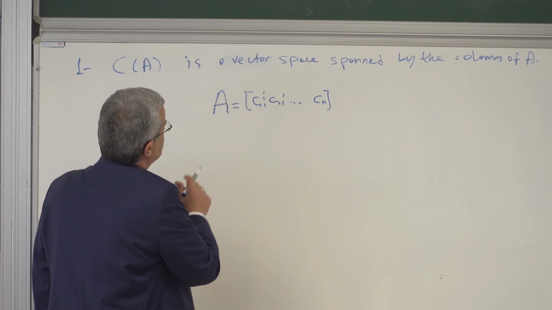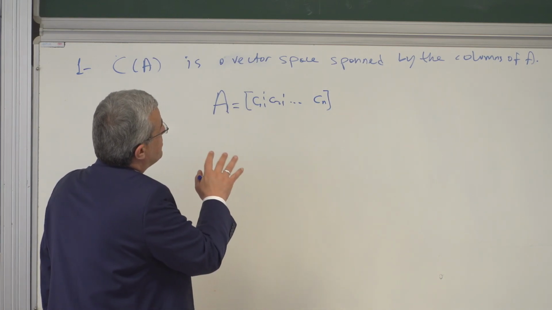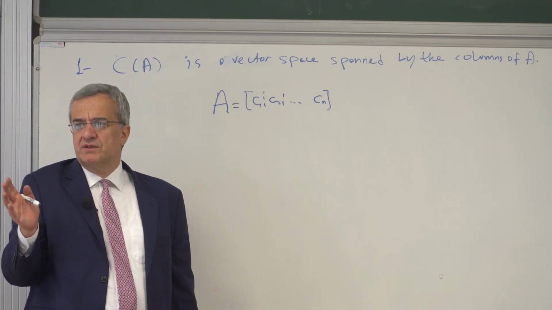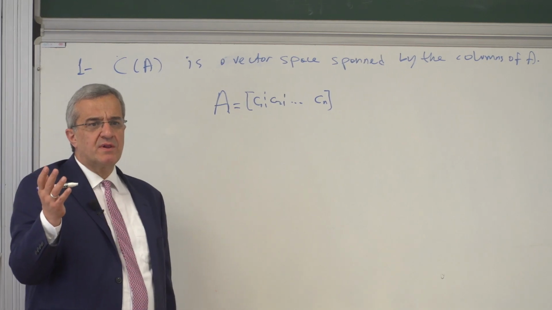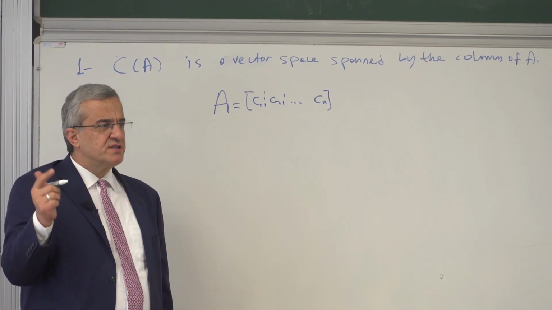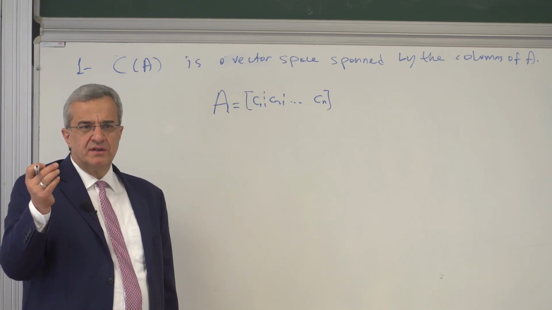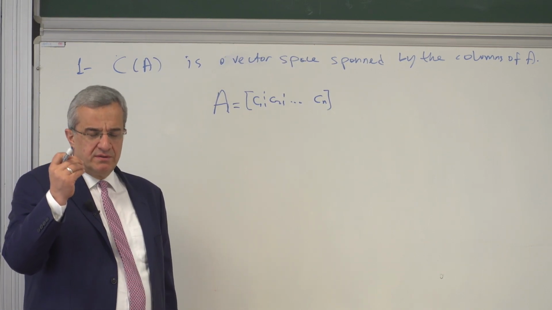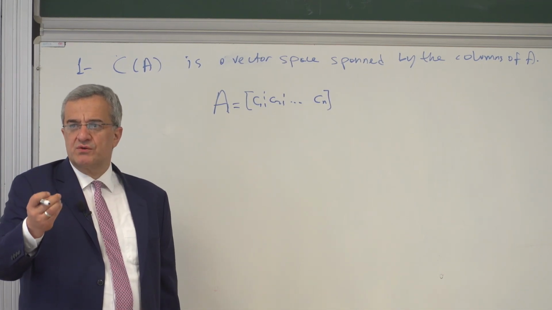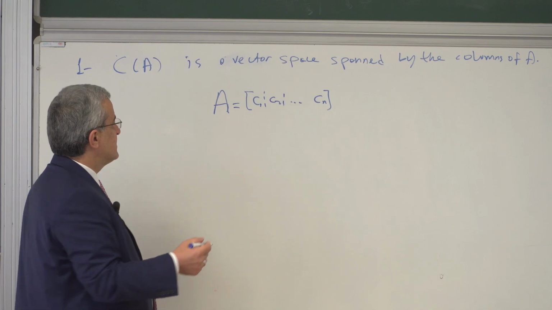So when you say that it is spanned by the columns of A, what does that mean? Can someone tell me? What does it mean? The space is filled by what? Very good. Linear combinations of the columns of A. Okay? That's what it is.